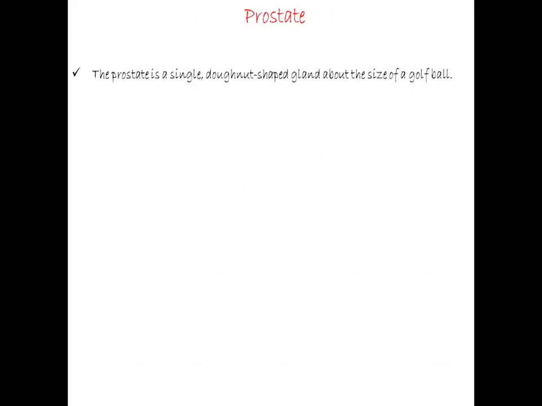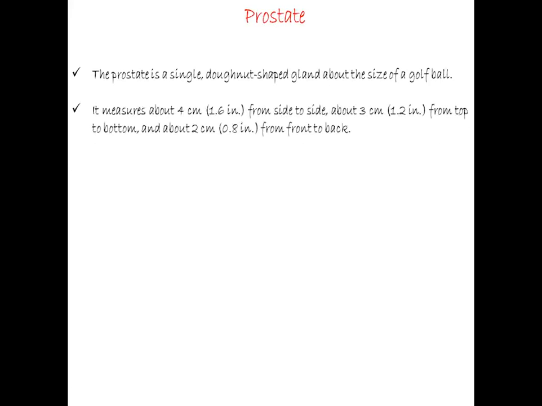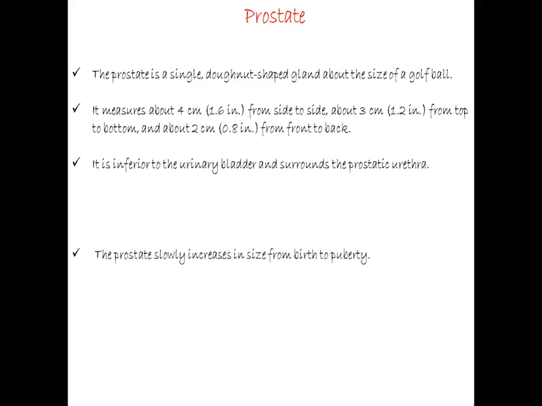Next one is the prostate. The prostate is a single nut-shaped gland about the size of a golf ball. It measures 4 cm from side to side, about 3 cm from top to bottom and 2 cm from front to back. It is inferior to the urinary bladder and surrounds the prostatic urethra.